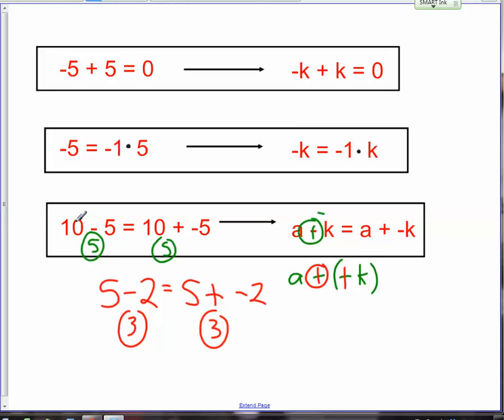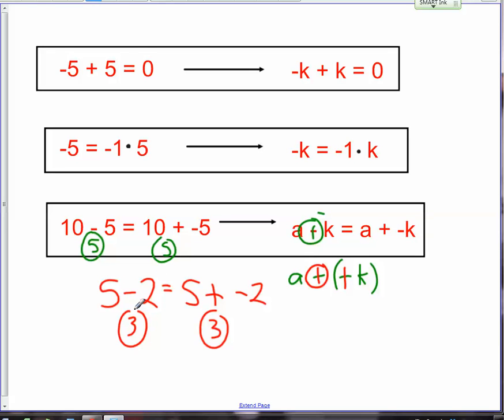And then to lead to the next one, it's understanding, I wanted you to see that 10 minus 5, which is 5, is the same thing as adding the opposite of 5. So this is subtraction, and if I change my subtraction to addition, this is a +5. I change it to the opposite, that 10 plus a -5 is the same answer as 5.